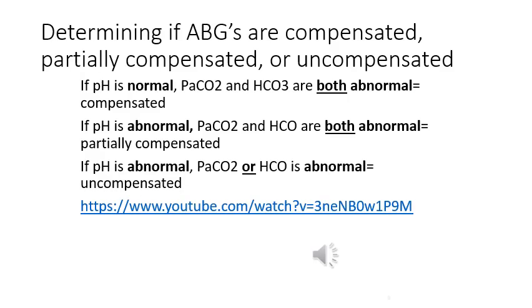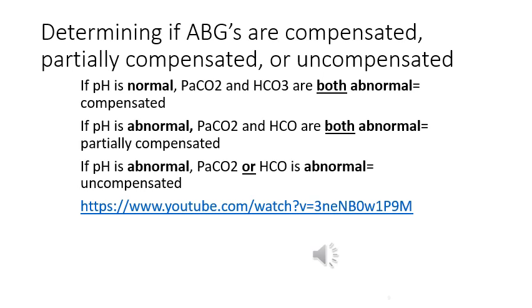Okay, next we need to determine if ABGs are compensated, partially compensated, or uncompensated. In our bodies, we need our pH to be normal, in that 7.35 to 7.45 range. CO2 and bicarb work together to help normalize a pH.